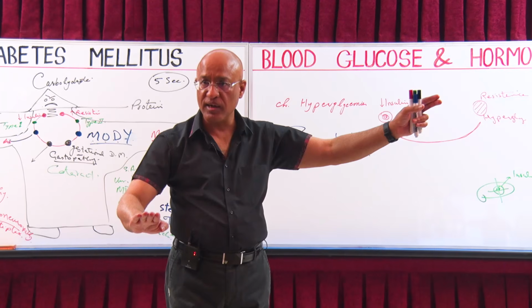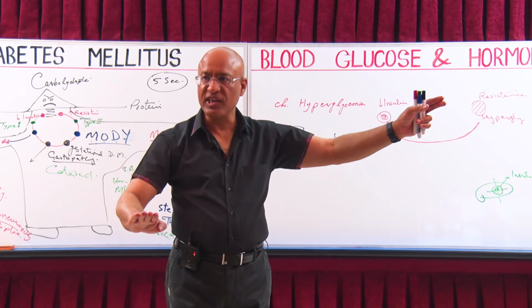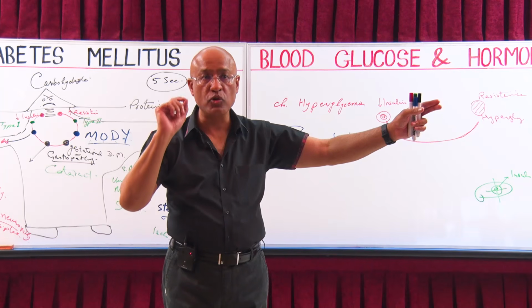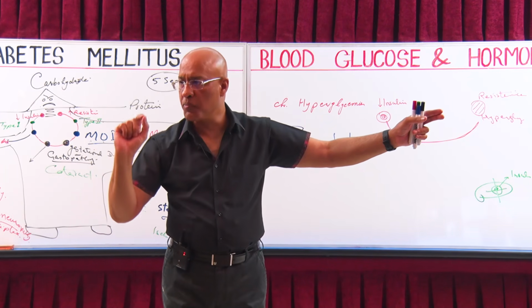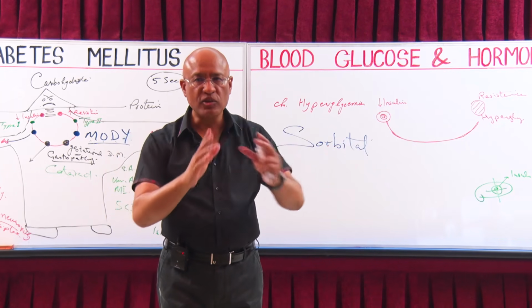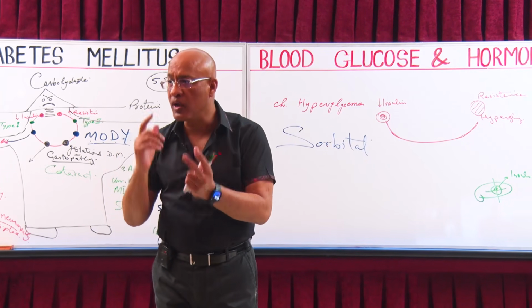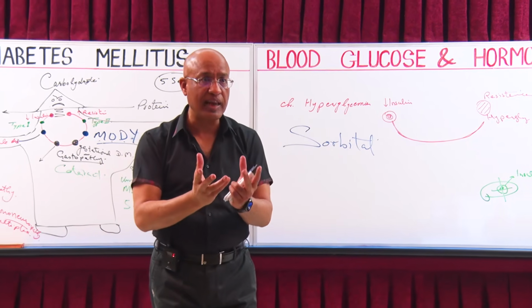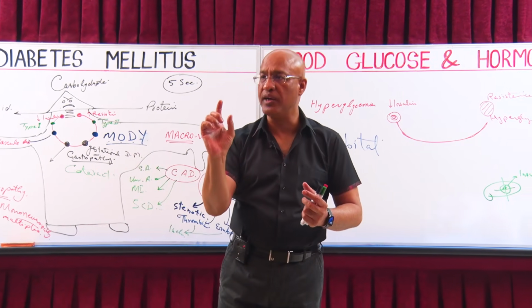Sorbitol and water plus glycations all damage the lens's normal collagen and proteins, disrupting the special arrangement of collagen and proteins in the lens which keeps it transparent.